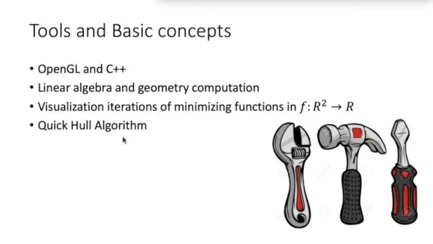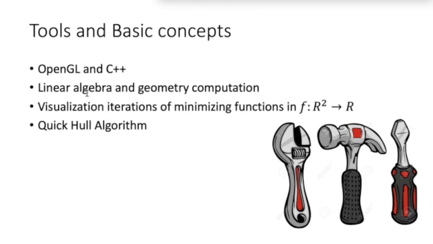The tools and basic concepts in my project are the following. First of all, I will use the OpenGL 3D graphic API. It is a famous and old 3D graphic API, and C++, which is a programming language.